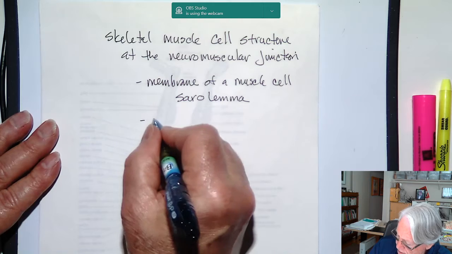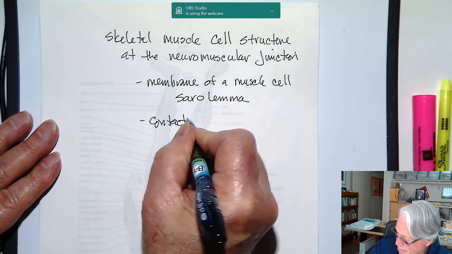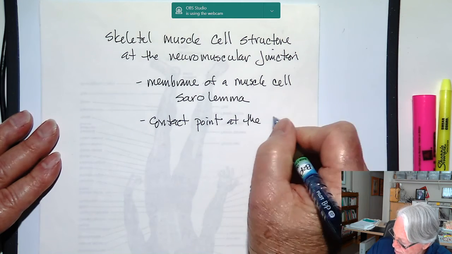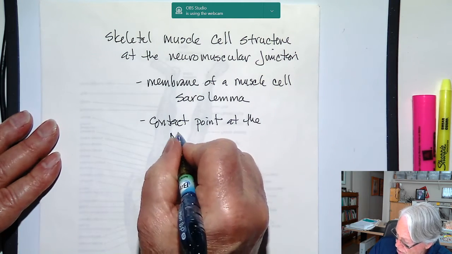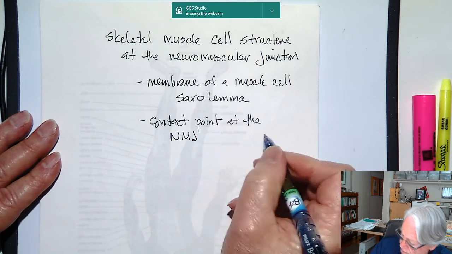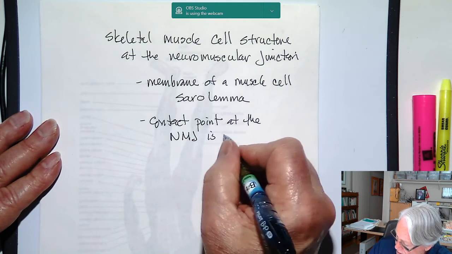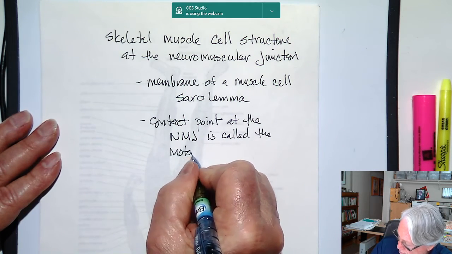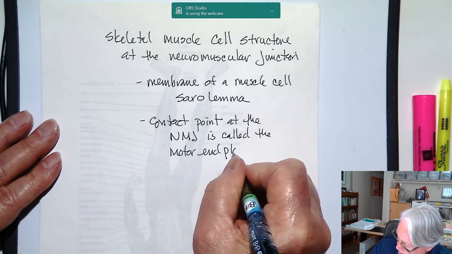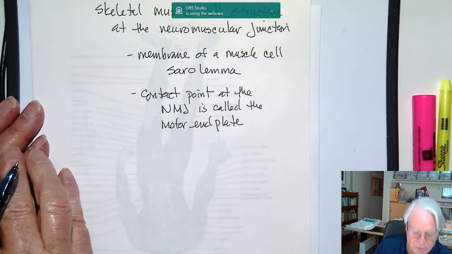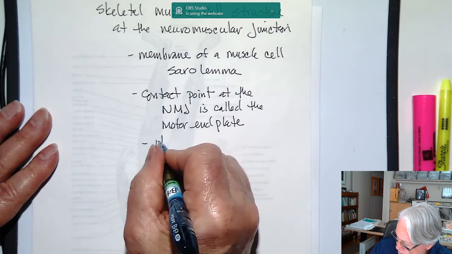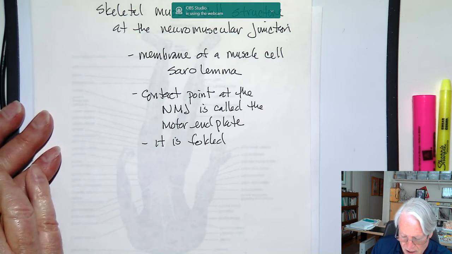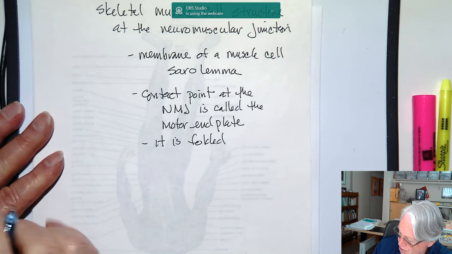So that contact point at the, and I'm going to start abbreviating this, neuromuscular junction, is called the motor end plate. Okay. It is folded. And the foldings are referred to as junctional folds.